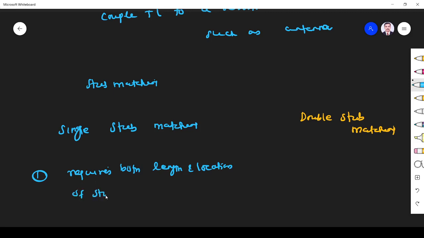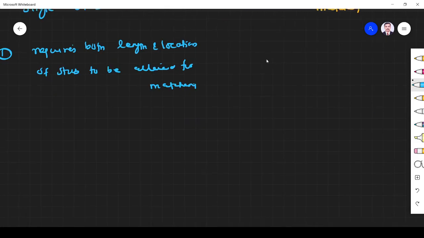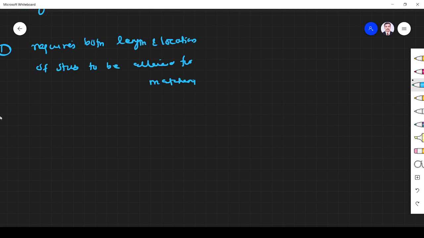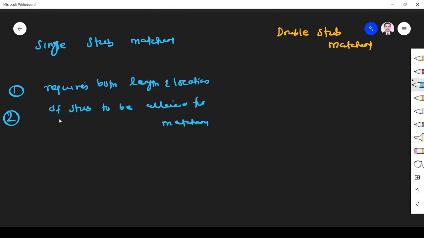The length and location of the stub have to be altered for matching. The second point is the stub should be placed at a definite place.